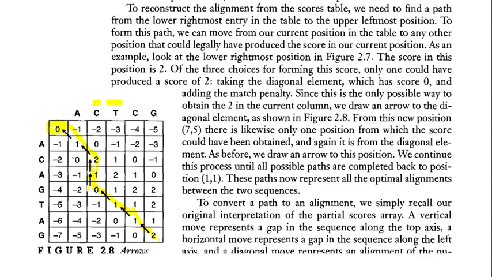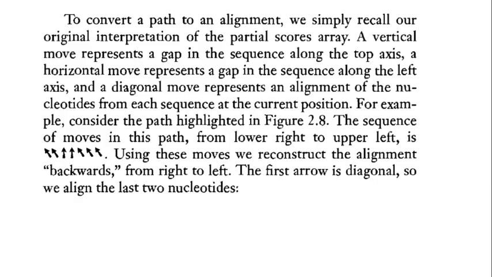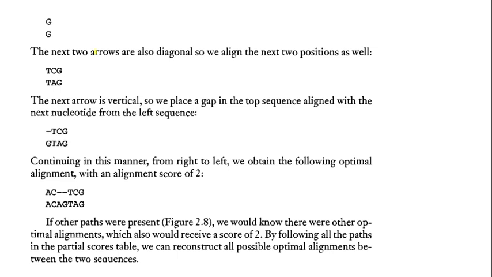If the move is horizontal, we can say there will be gaps in the side sequence. If the vertical movement is there, the gap will be in the topmost sequence. If horizontal movement is there, the gap will be in the side sequence. So we can finally write the alignment.